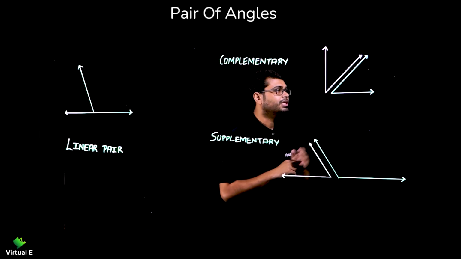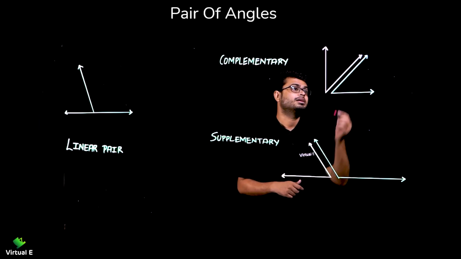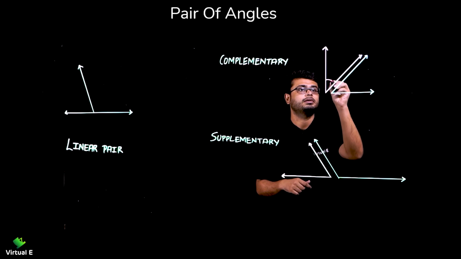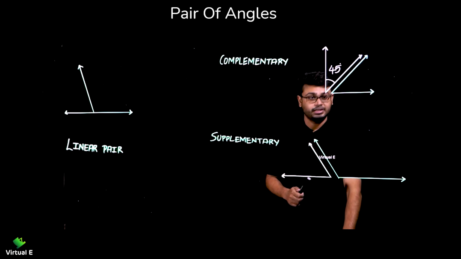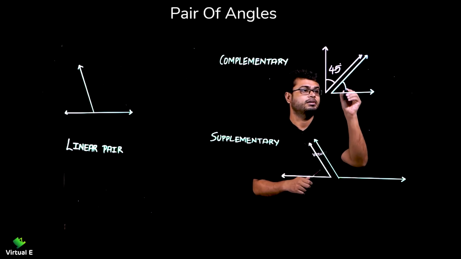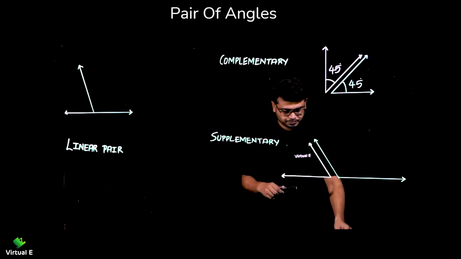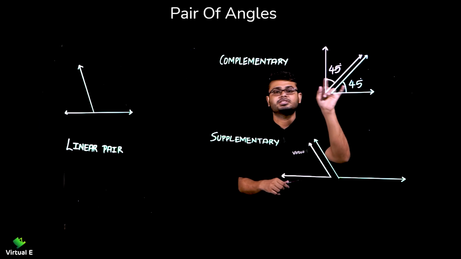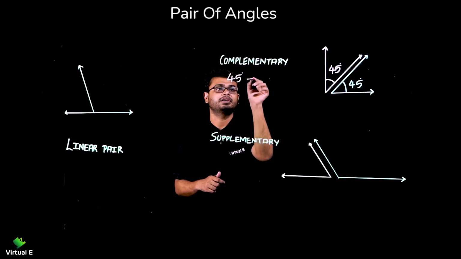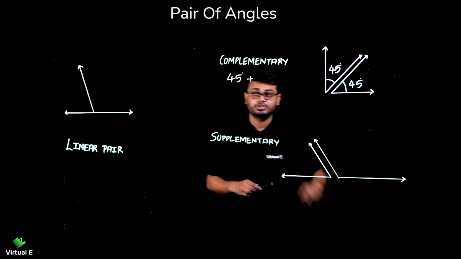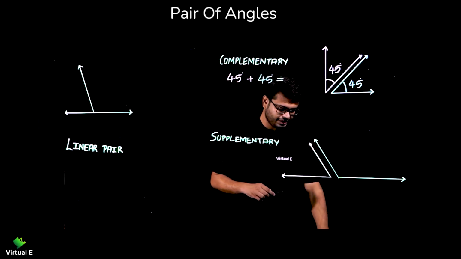Before we discuss, let's say we have two angles whose values are 45 degree and another as well 45 degree. If we add these two angles, 45 degree plus another angle which is also 45 degree, we are going to get what?